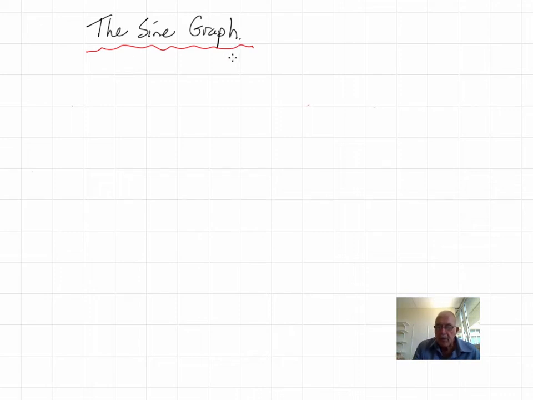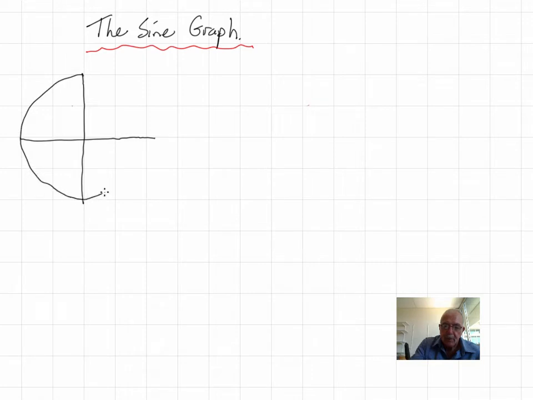To get an idea of what the sine graph looks like, we can also use the unit circle. So if we draw our unit circle, a unit circle is nothing more than a circle with radius of 1.